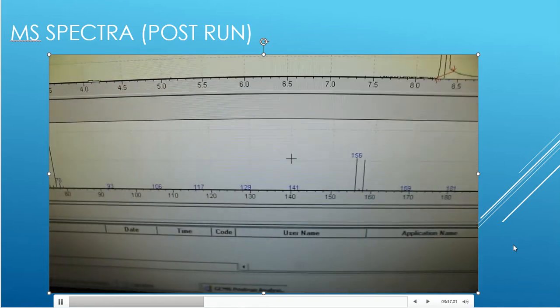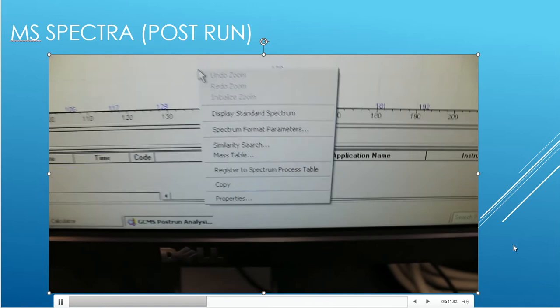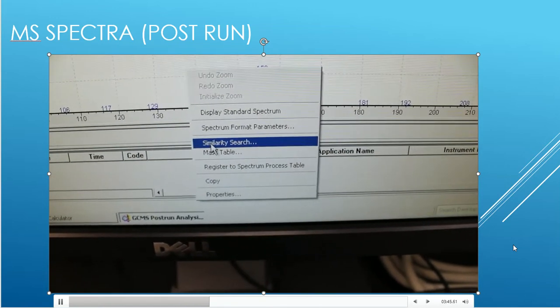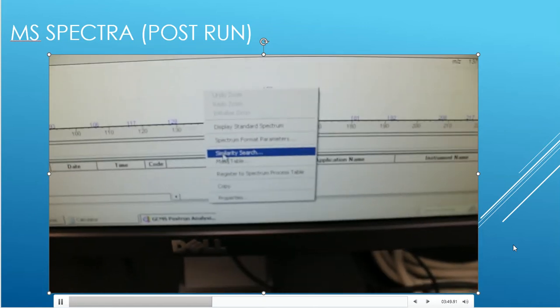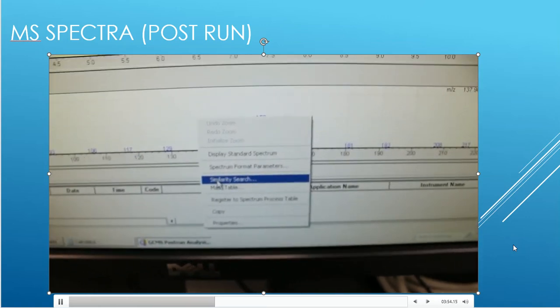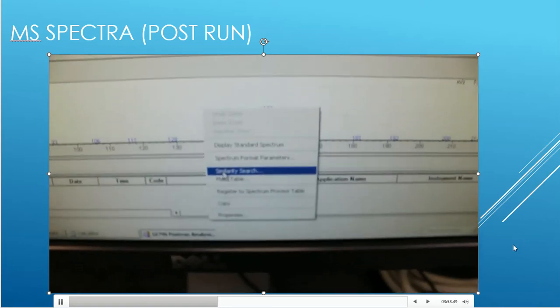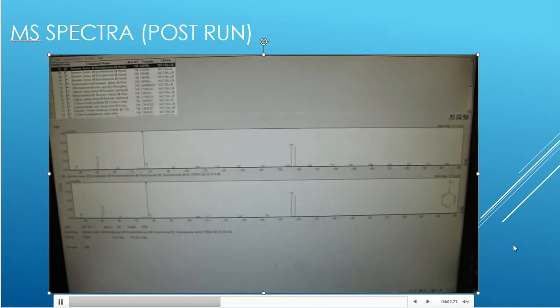All right, I'm going to go another step further though. I'm going to right click on this screen, and you're going to see an option that says similarity search. This is something that you cannot do on your end, because it will cheat and give you the answers. But I want to show you the power of the MS system. If I click the similarity search, a screen will show up.